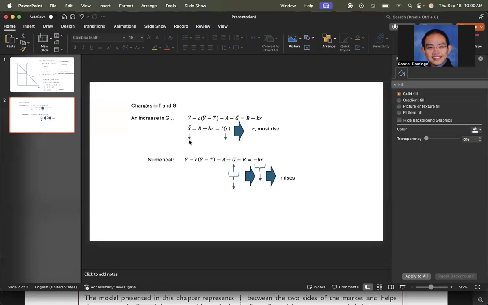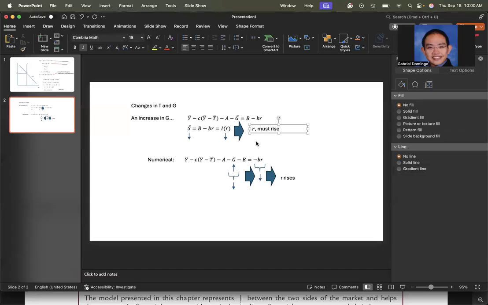In particular, your public saving will go down. Okay, if your savings will fall, it must be that in equilibrium, your investment will also fall. Now, if your investment must fall, then because of the negative relationship between the real interest rate and investment, it's the R that must adjust, and therefore the R must rise.